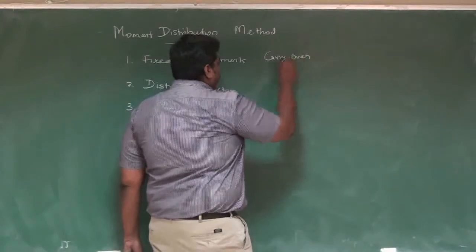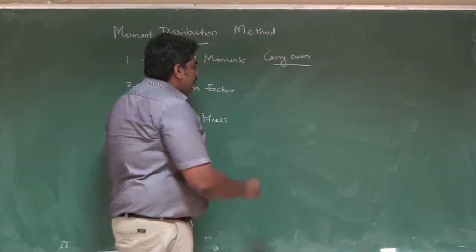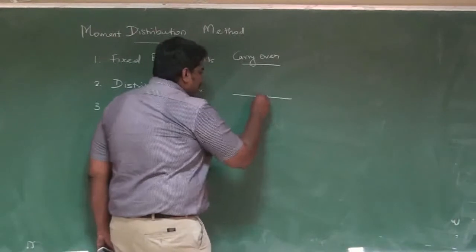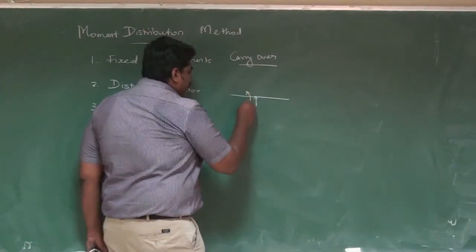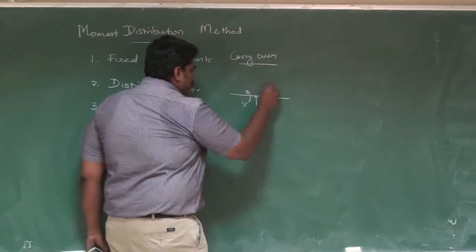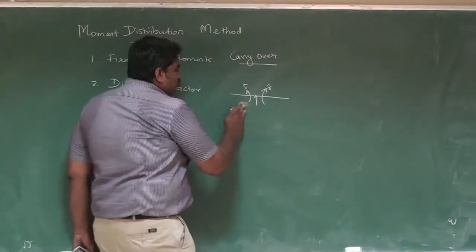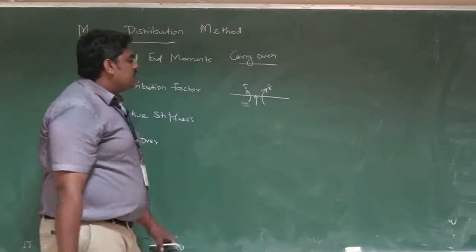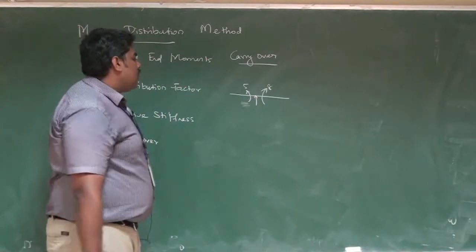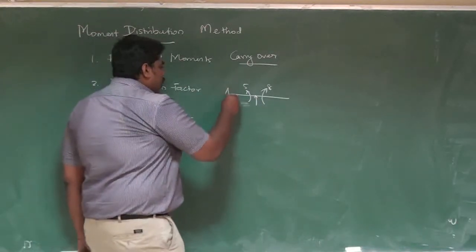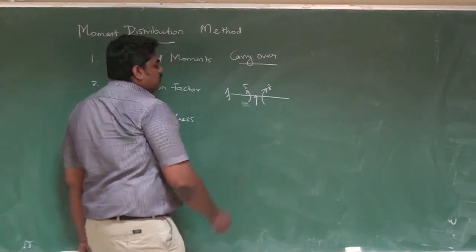Carryover. I told you we have to introduce a moment in the joint, because I said here it is 5 and here it is 8, right? 5 and 8. So when we introduce an additional moment to neutralize this particular joint, half of this moment will get transferred to the other side.